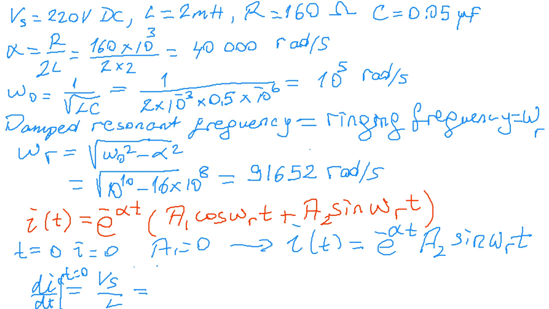Which is equal to omega R times A2. So A2 is equal to Vs over omega R times L. Şimdi buradan devam edecek olursak next page'e, you understand that one.